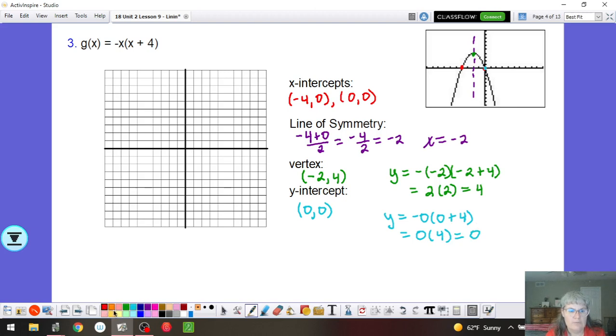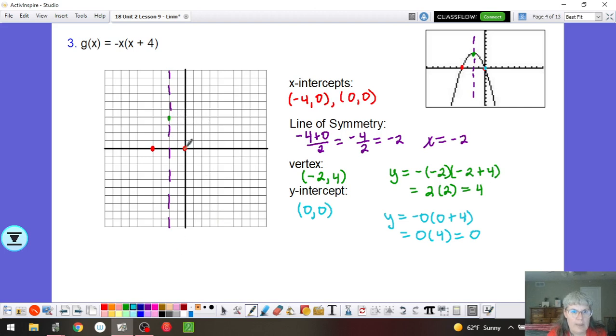So using our information, we can plot our x-intercepts at (-4, 0) and (0, 0). We can show that the line of symmetry is at x equals negative 2. We can plot the vertex on that line of symmetry at (-2, 4).